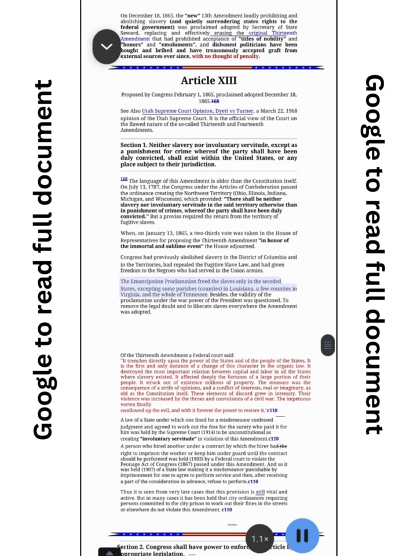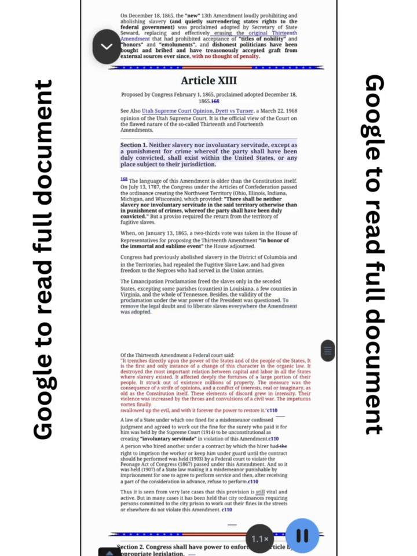The Emancipation Proclamation freed the slaves only in the seceded states, excepting some parishes, counties in Louisiana, a few counties in Virginia, and the whole of Tennessee. Besides, the validity of the proclamation under the war power of the President was questioned. To remove the legal doubt and to liberate slaves everywhere, the amendment was adopted.